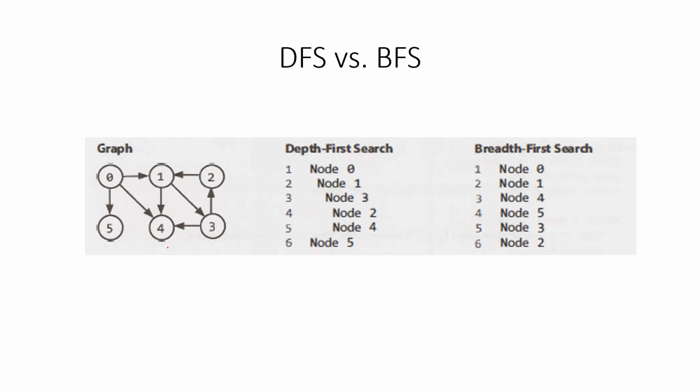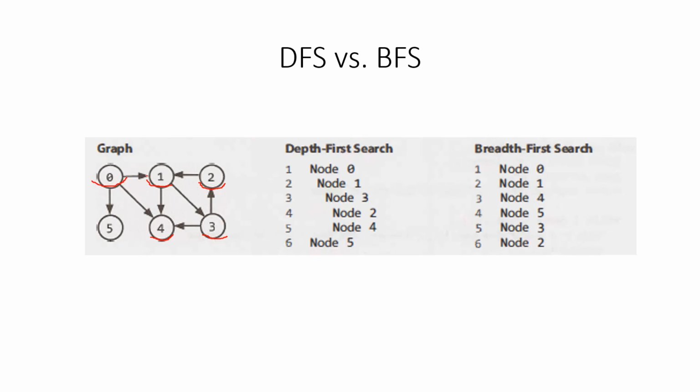For example, if our starting point is 0, then we go to 1, then to 3, then to 2. After 2 we need to go to 1 again, but we discovered 1, so we go back to 3, and the adjacent element of 3 is 4, right? 4 doesn't have any outgoing edges, so we go back to 3. 3 doesn't have any other adjacent elements.